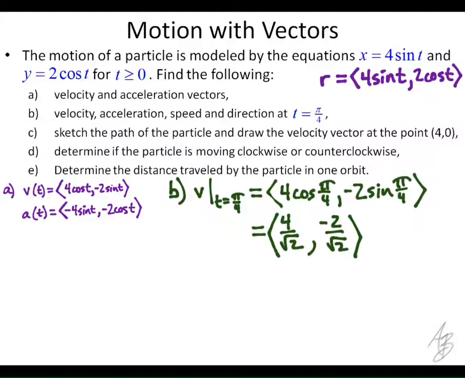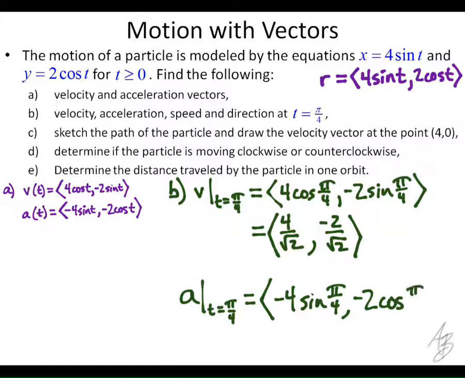How about the acceleration? For acceleration, all we have to do, again, is plug in pi over 4. So the acceleration when t equals pi over 4 is going to equal negative 4 times the sine of pi over 4, and negative 2 times the cosine of pi over 4.